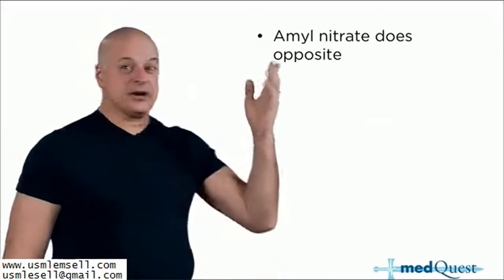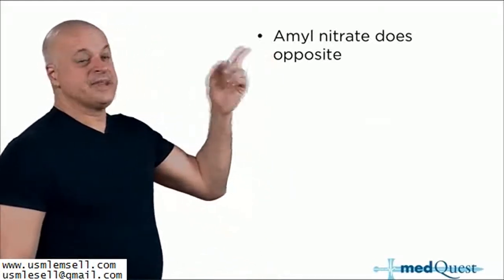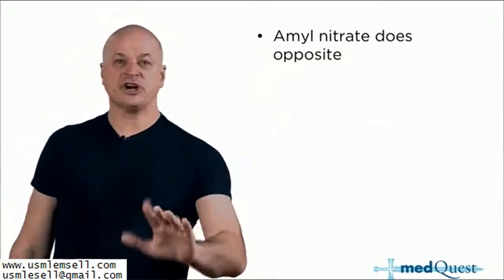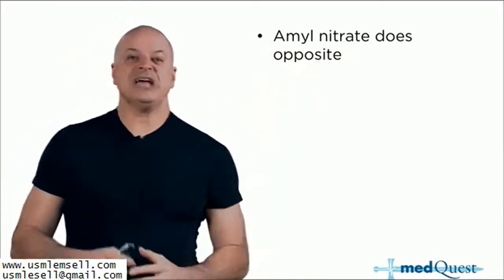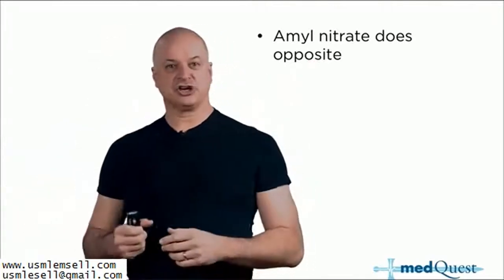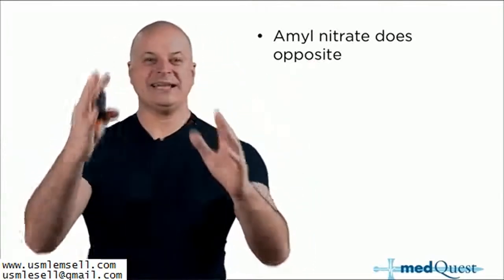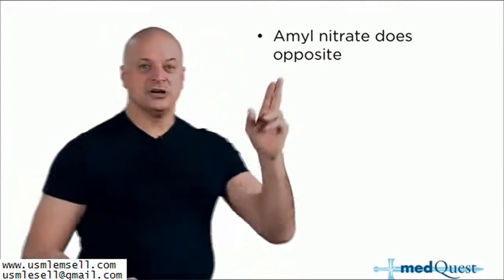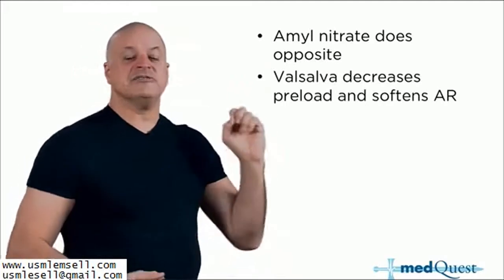If it gets better with an ACE inhibitor, it'll get better, improve, softer with amyl nitrate, because amyl nitrate dilates the vasculature and makes it easier for blood to get out of the heart.